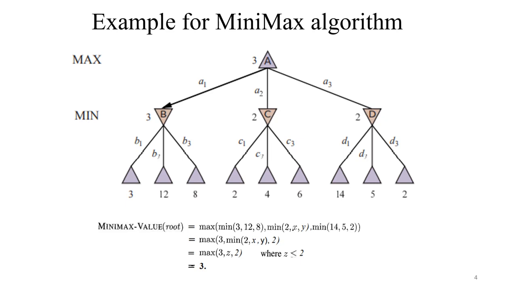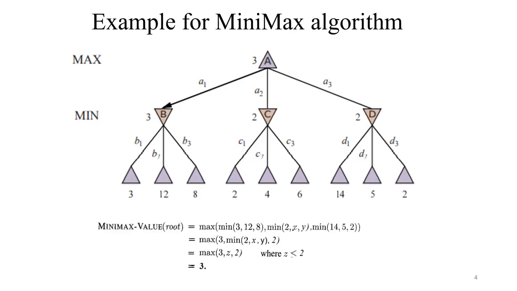That means 4 and 6 can be eliminated. In the same way, if we select D1, D2, D3, the minimum value is 2. No need to select D1 and D2. Those can be eliminated in alpha beta pruning.